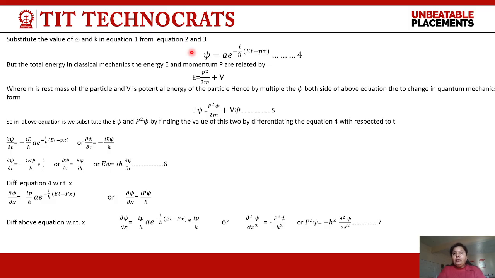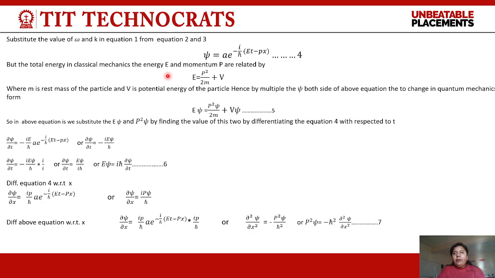As we know, the main function of a wave is taking energy from one point to another point. So here also we consider that our matter wave is going to take energy, the total energy, which is in the form of kinetic and potential energy, from one point to another point.